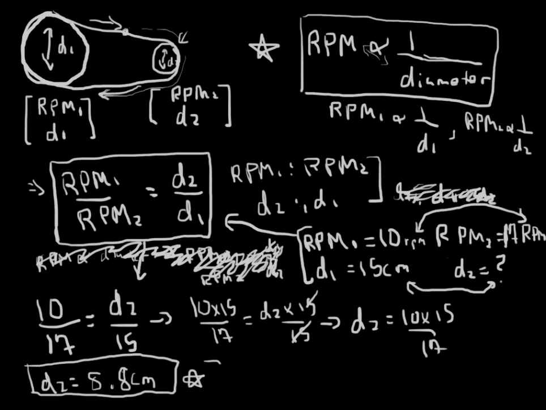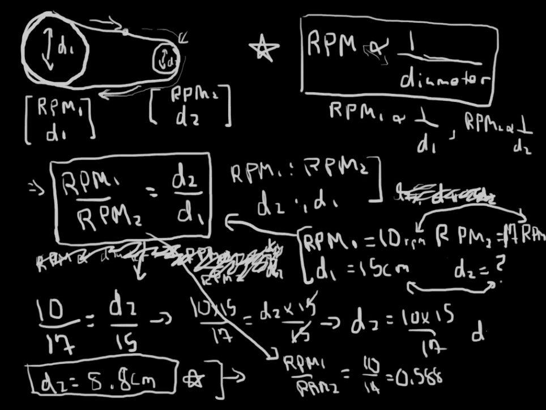So another quick way of seeing that this is true is we have RPM 1 over RPM 2 is equal to 10 over 17. So what does that give you in the calculator? 0.588.